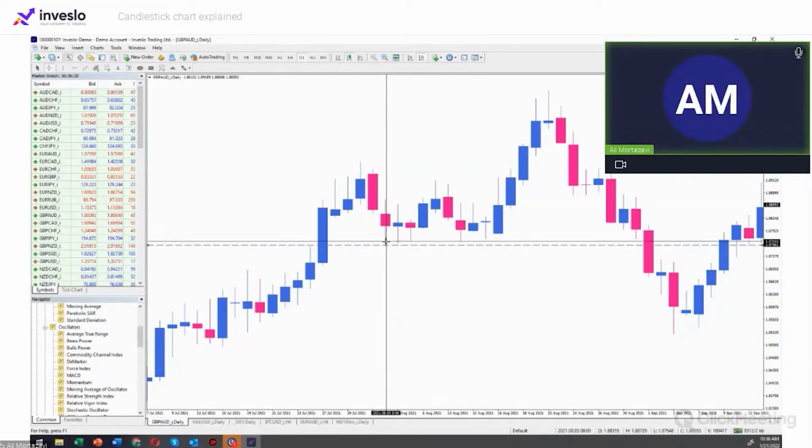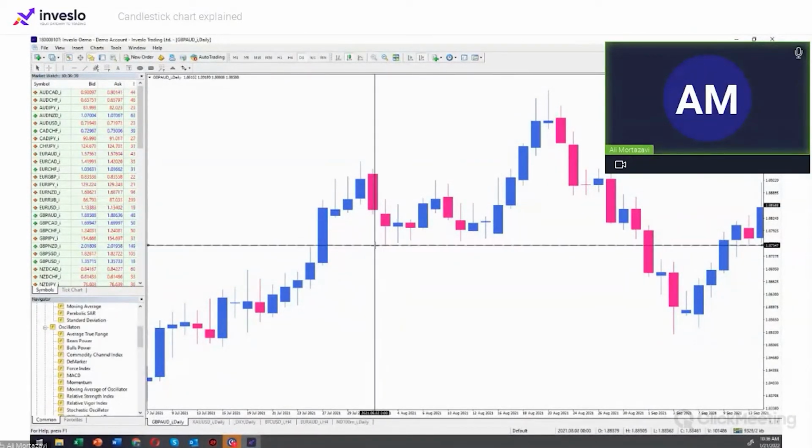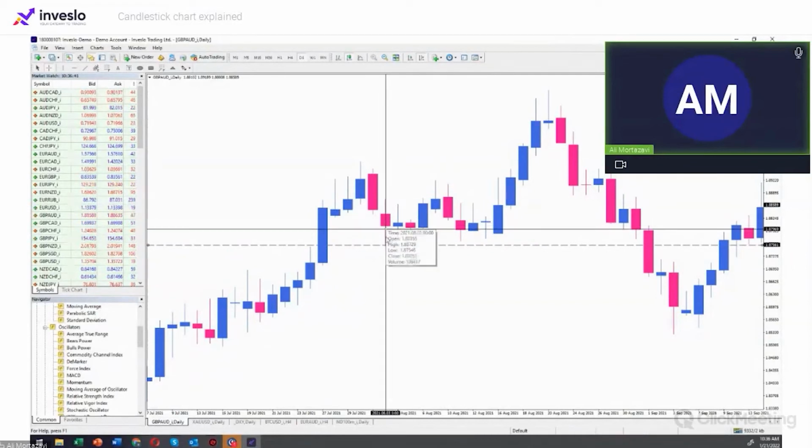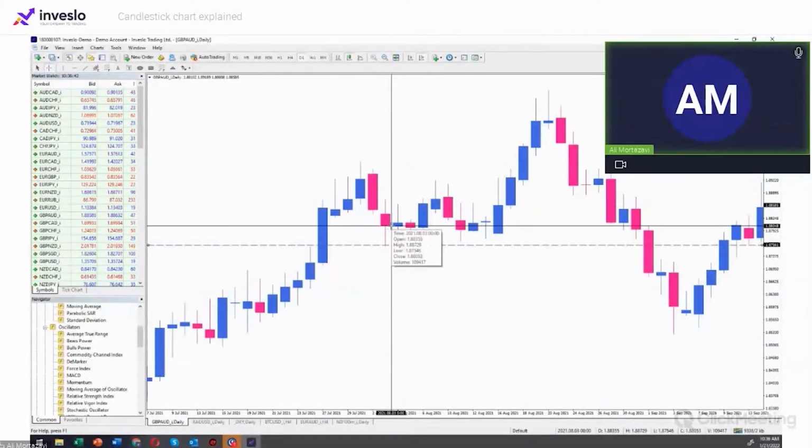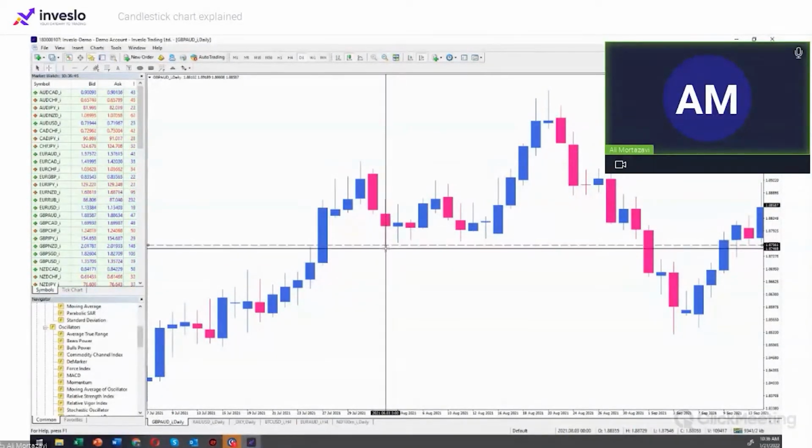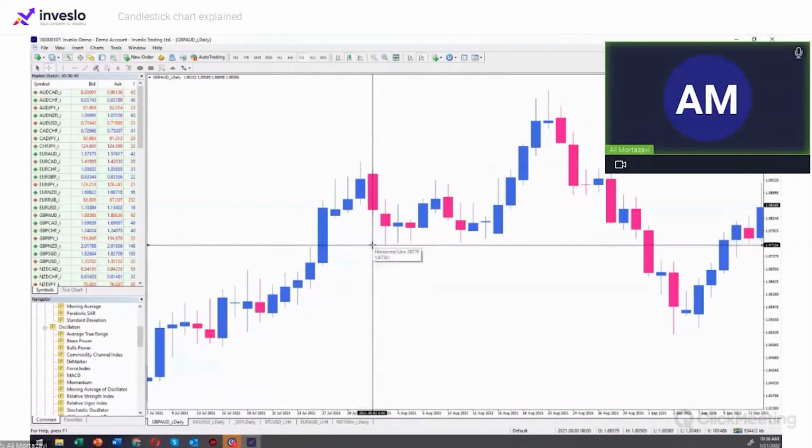So the lower shadow always reveals the rejection of lower prices by buyers or bulls. And we expect to see remarkable lower shadows at the support levels.